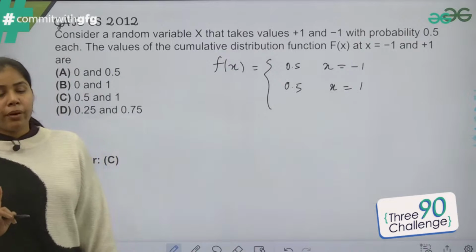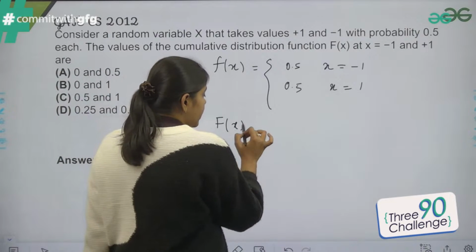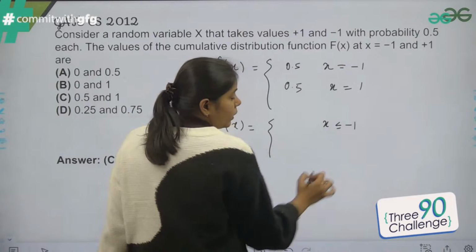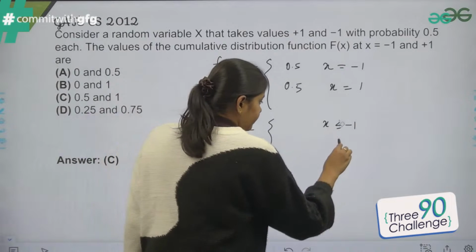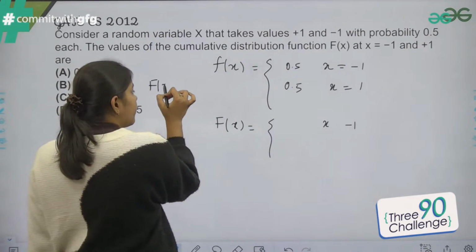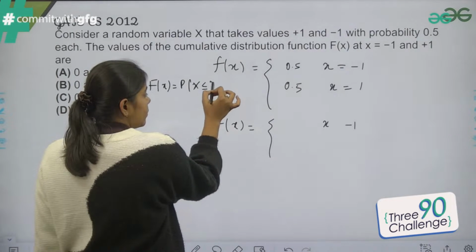If you remember, the cumulative distribution function capital F of x gives the probability that capital X is less than or equal to x.